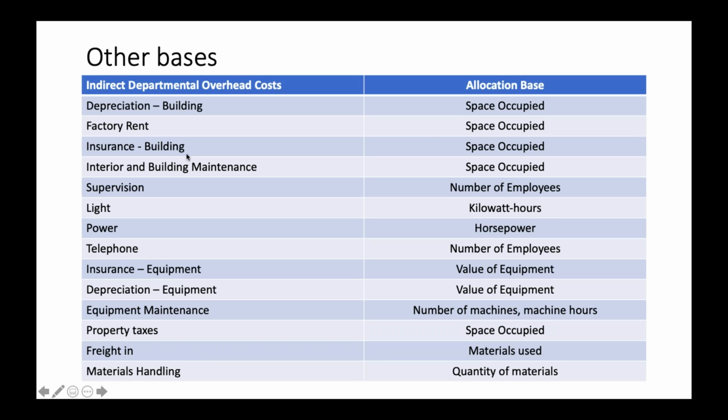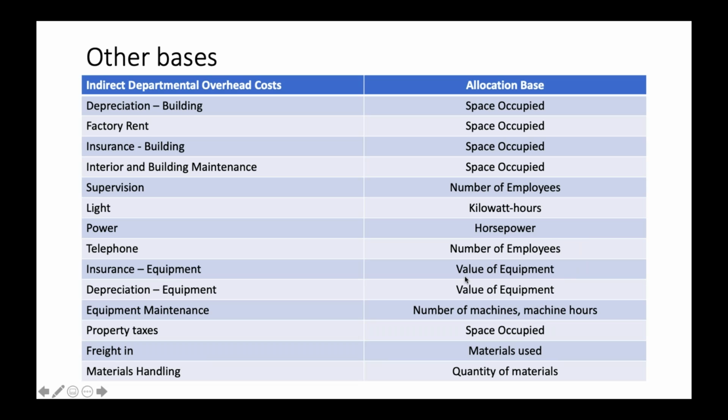Insurance building, we can use space occupied. Interior and building maintenance, we can use space occupied. Supervision, number of employees. Light, kilowatt hour used. Power, maybe horsepower. Telephone, maybe number of employees.